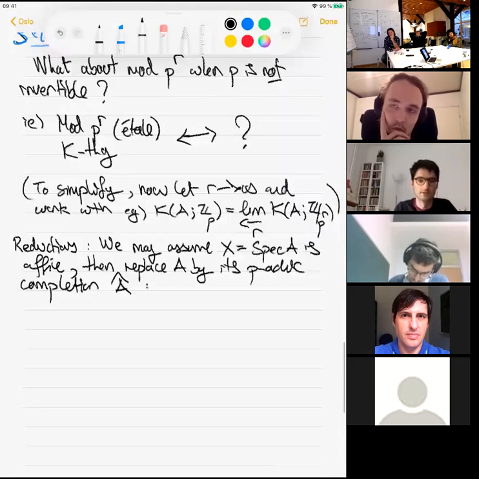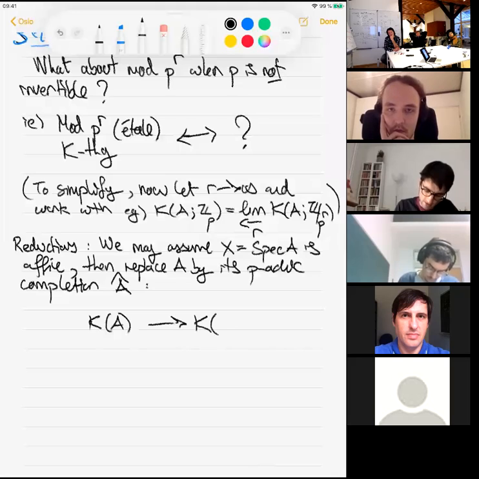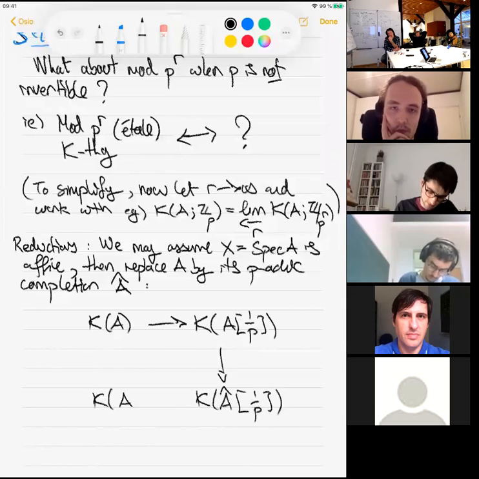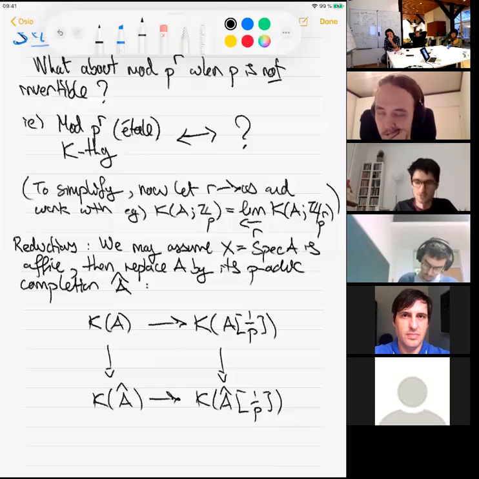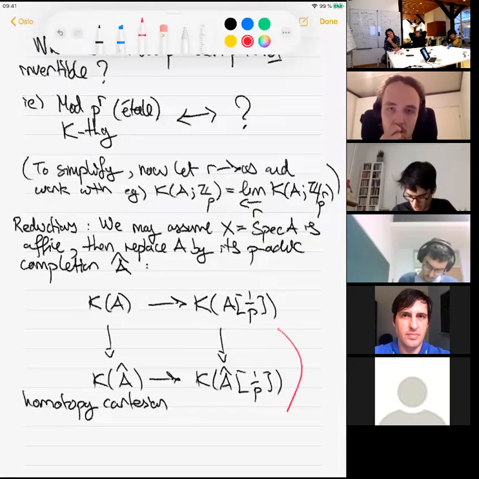Informally, we're allowed to do that because if I understand the K-theory of A[1/p], the K-theory of A hat[1/p], and the K-theory of A hat, then the pullback lets me recover the K-theory of A. The idea is that I'm supposed to have a motivic understanding of these things on the right, thanks to what we've seen in theorems 1 and 2.